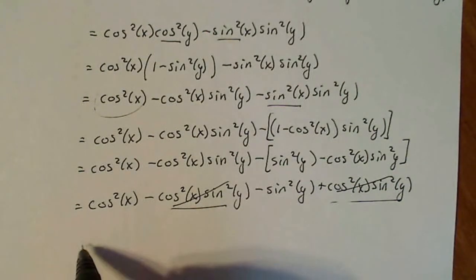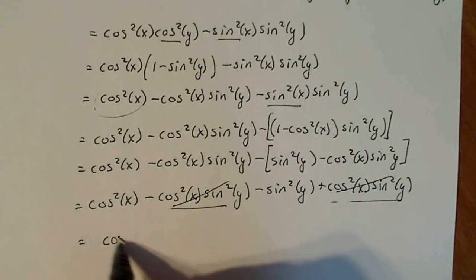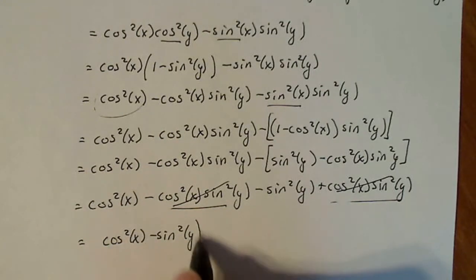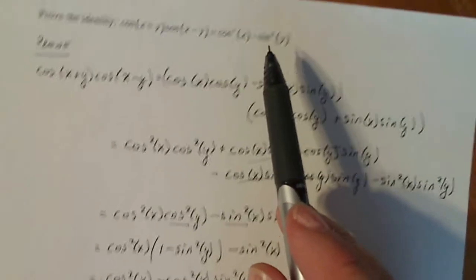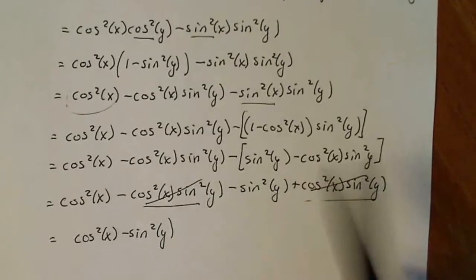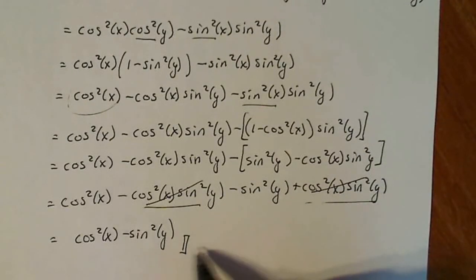So that's 0, and I'm left with cosine squared x minus sine squared y, which is exactly what I'm supposed to end up with. Bing. So thus, I am finished with the proof. Either one of these, if I write it right, QED.